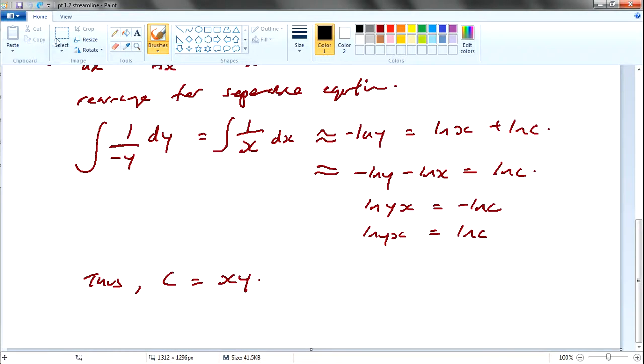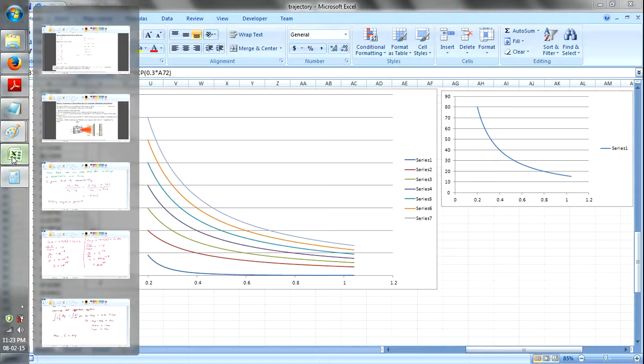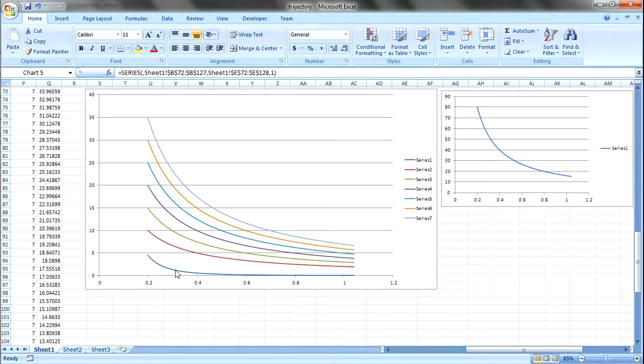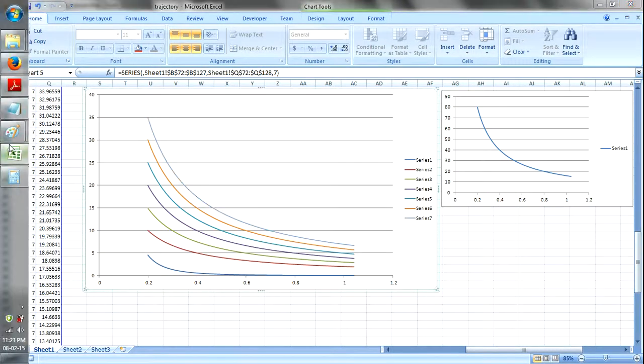So this c is actually our xi. We are eventually trying to find the streamline. In other words, different values of the streamline will have a different steepness of the curve itself.